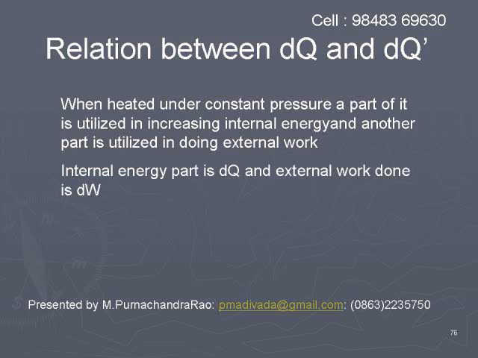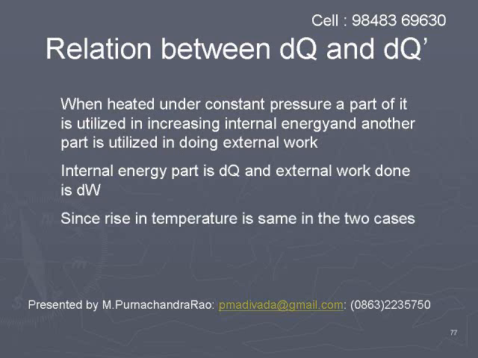The part utilized as internal energy is dq and the external work done is dw. Since rise in temperature is the same in both the cases, that is at constant pressure and constant volume, we get dq prime is equal to dq plus dw.